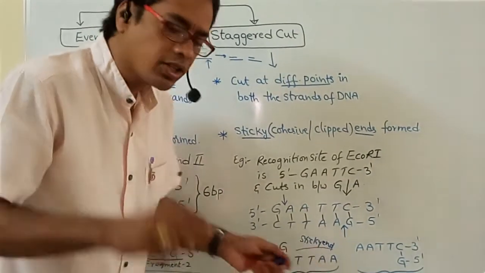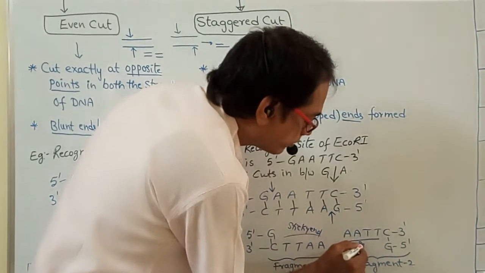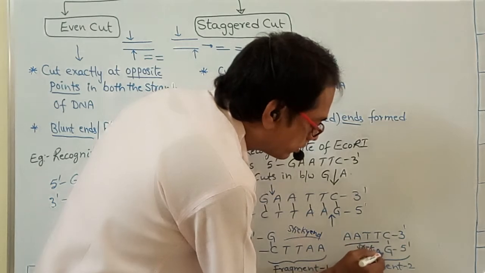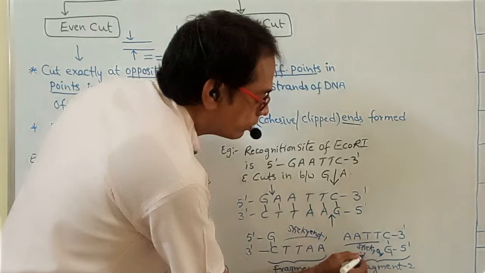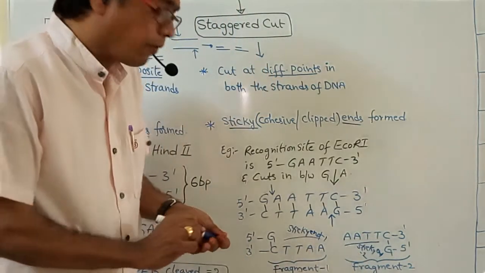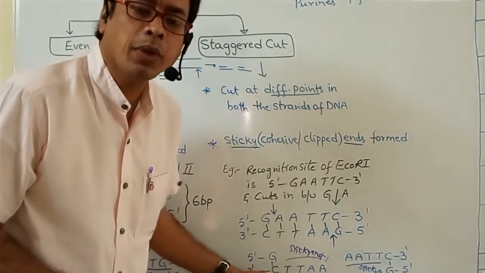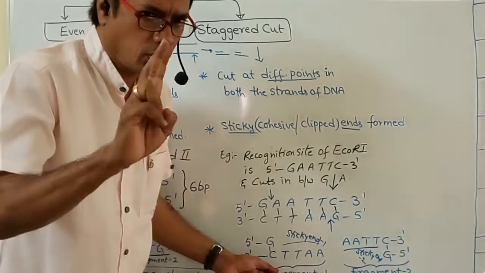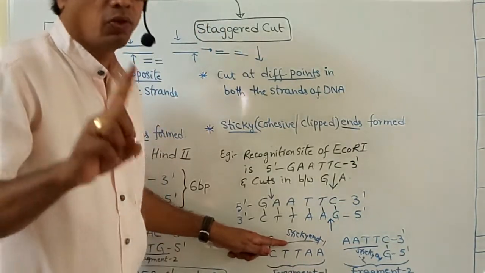How many sticky ends are formed? This is also one sticky end, no? So sticky end 1, sticky end 2. So for one staggered cut, the number of fragments formed is 2, the number of sticky ends formed is 2. In each fragment, the number of sticky ends present is 1.